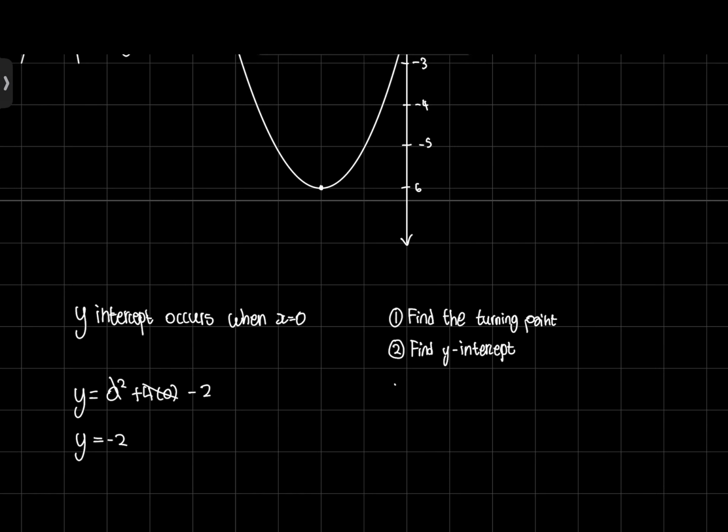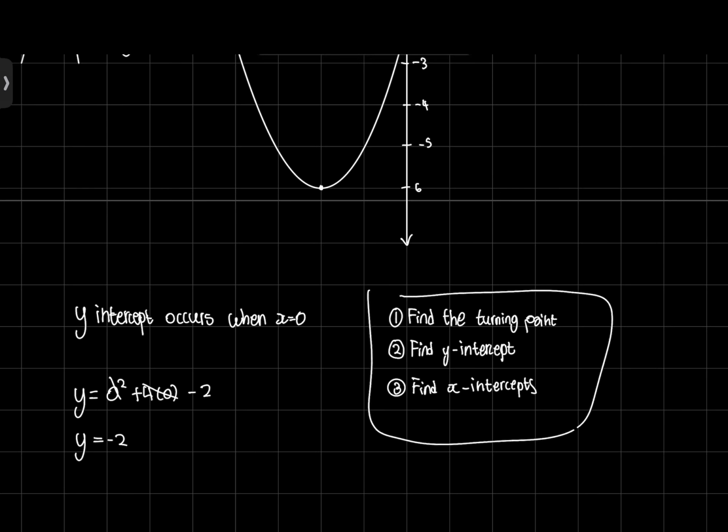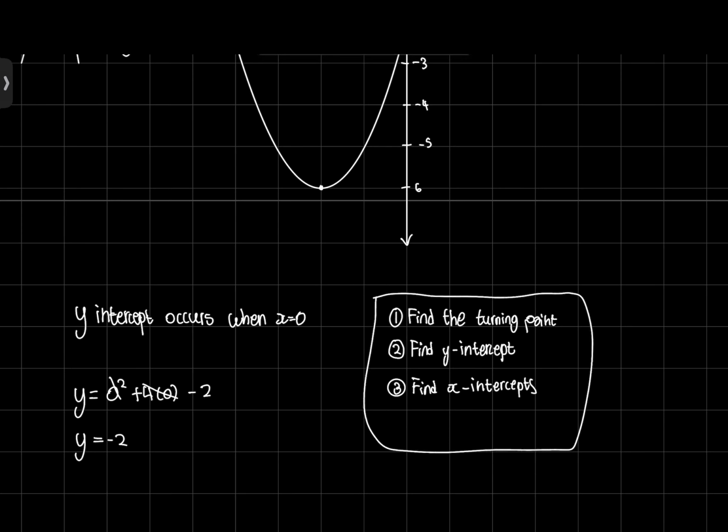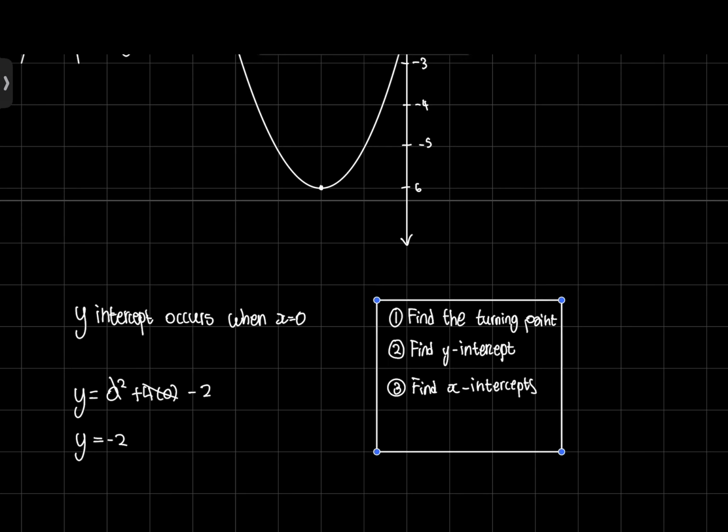And then, for the third step, this is not really necessary, if you want to, find x-intercepts. So those are the 3 things I would recommend doing in an exam if you wanted to save time. And then, of course, the 4th one is sketch, right? So let's just label that there for sketch.